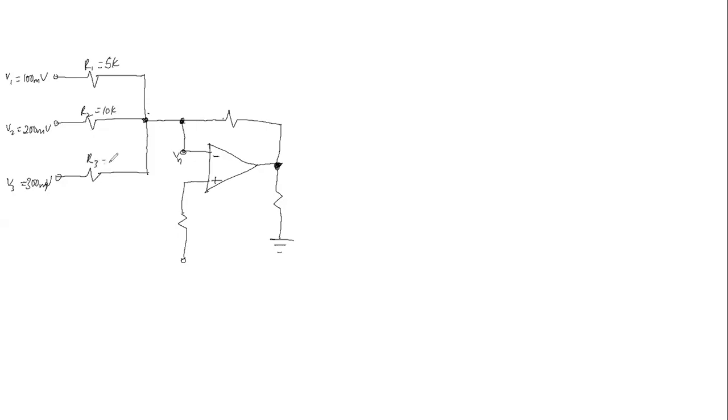And R3 is 20k ohms. Now we have R4 here. Let's say this is 15k ohms. And then we have R5. Let's say this is 2k ohms. Then we have V4. So this is 3 volts. Then this is the load resistor. Let's say this is 8k ohms. So here we have V0, right?